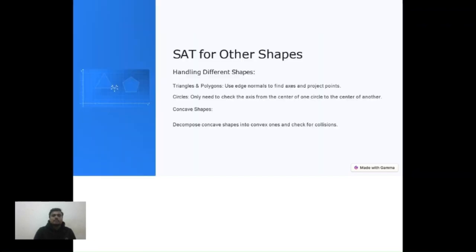But how can we handle other kinds of shapes? Here we have a triangle and a pentagon. In this case, we use normals to find the axes, and we have to check all the possible axes to find whether any separating axis exists or not. In the case of concave shapes, we have to decompose them into convex shapes to check collisions. So this was my part.